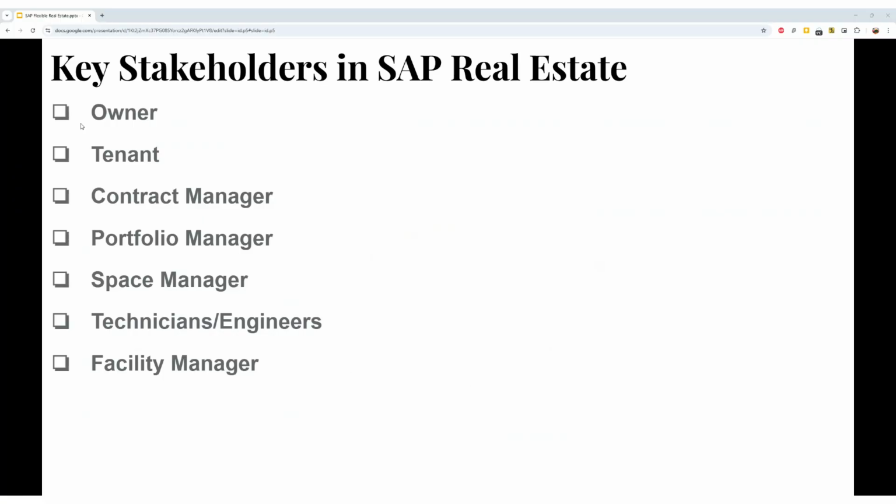Some of the key stakeholders in SAP Real Estate, which we are going to talk about in detail, are the owner. The owner, as I already mentioned, can be the company itself, or some other party from whom we are leasing in a piece of land. So suppose a company like Shell or BP gets into lease-in contracts with local vendors to establish their petrol pumps and the tiny shops associated with the pumps, right?